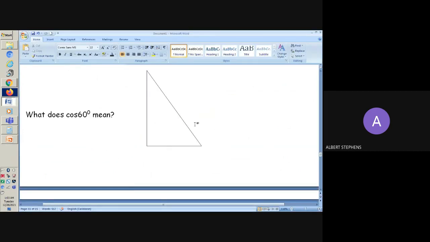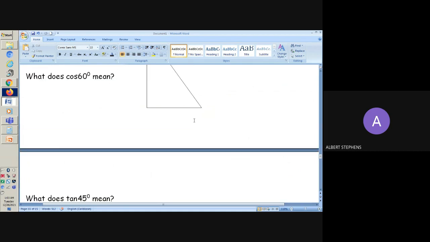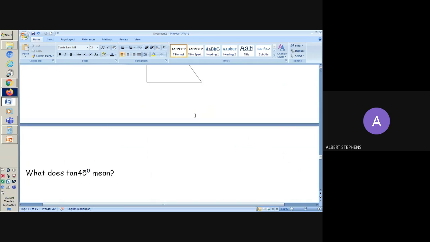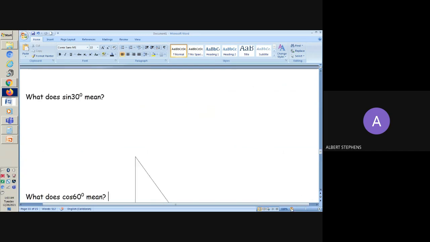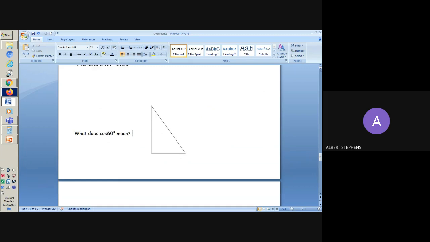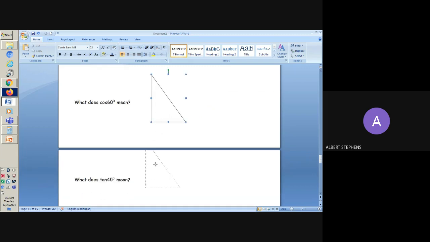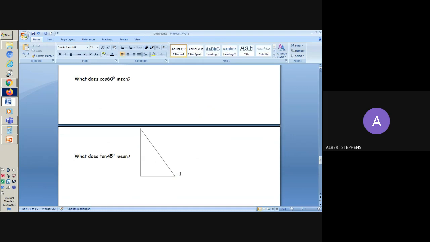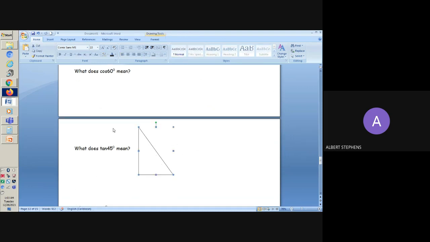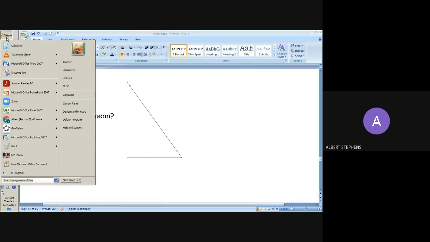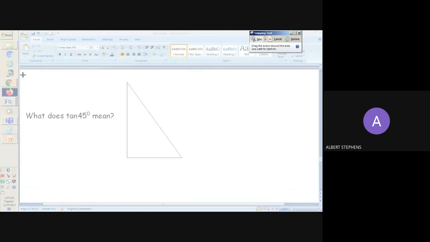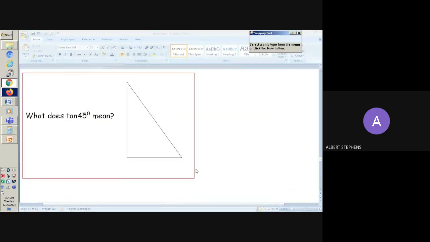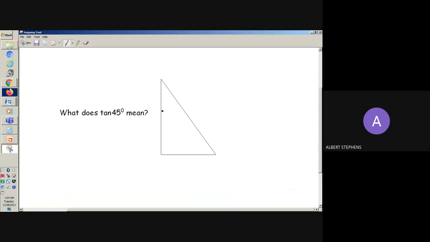All right, let's look at the last one. So tan 45. What does tan 45 mean? Well, the formula for tan is opposite over adjacent.